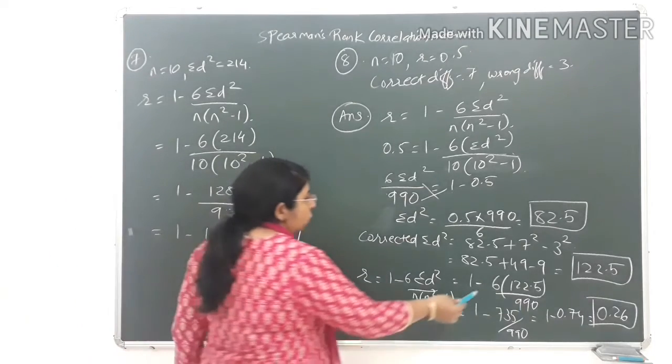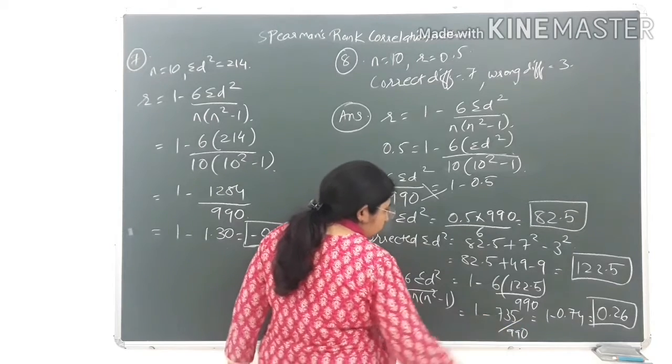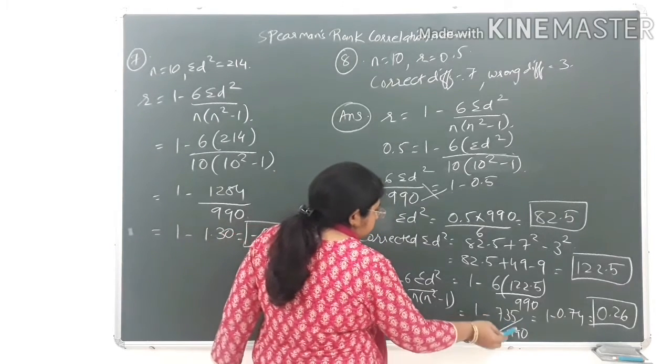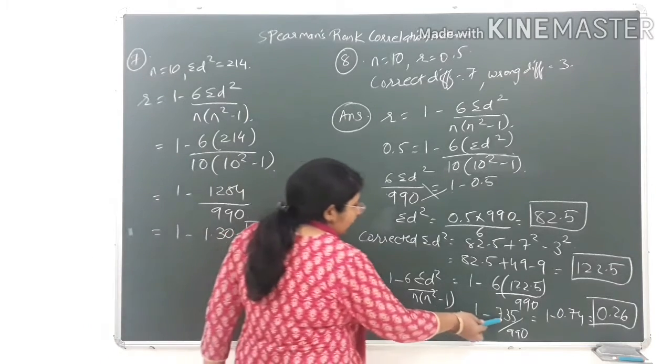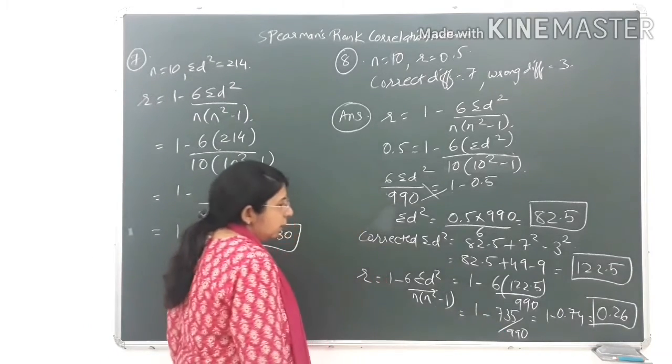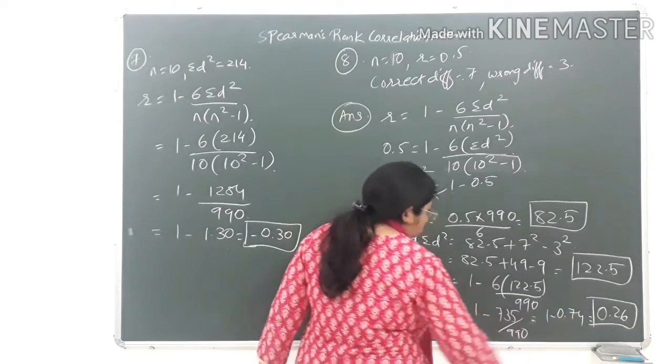So 6 into 122.5, multiplying, you get 735. So 1 minus 735 upon 990. First of all, divide these two values, 735 divided by 990, and you will get 0.74.